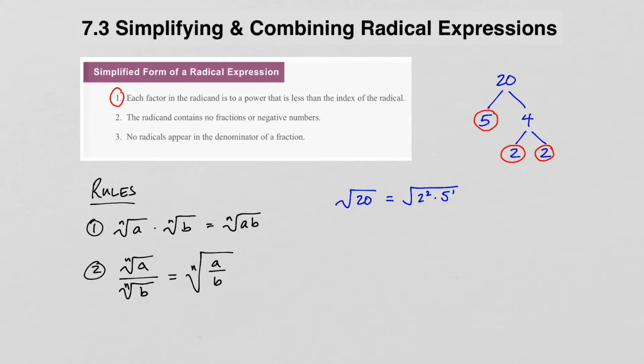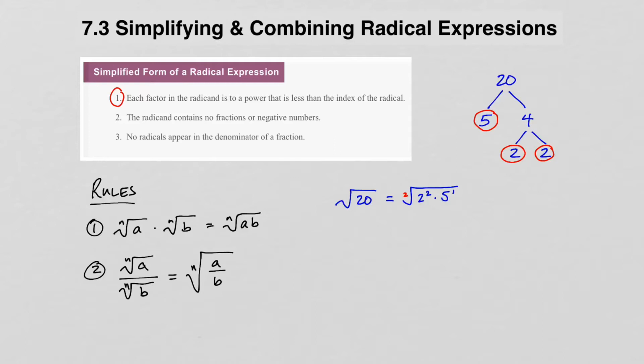So the index of this radical, remember when you have a square root, the index here is a 2. So this is not a simplified radical because we have one of the factors of the radicand, namely this one right here, is raised to a power that is greater than or equal to the index.